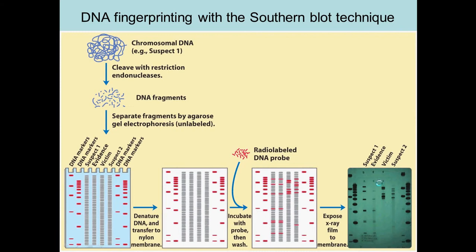So then you have the evidence and then see where the probe attaches. So this probe and that probe and all these probes are exactly matching, the evidence is exactly matching this suspect, so he's guilty. And this suspect over here, they're not matching perfectly.